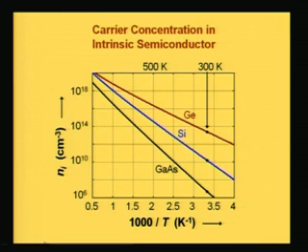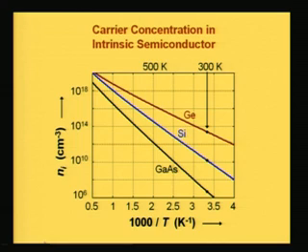It is important to see the axis on this graph. The y-axis, that is the concentration, Ni stands for the intrinsic concentration, I is intrinsic. So the concentration axis is logarithmic, and the x-axis, which has temperature, is actually the reciprocal of temperature.